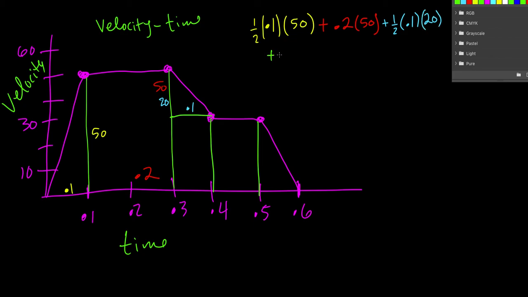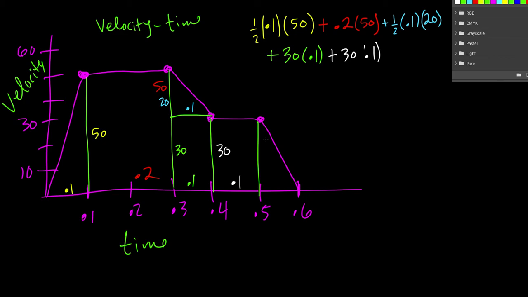Keep going, and then we'll add this rectangle, which looks like it's 30 by 0.1. So length times width, 30 times 0.1. Now we're going to do this rectangle, which is actually the same. So 30 times 0.1, because the base is 0.1, the height is 30.